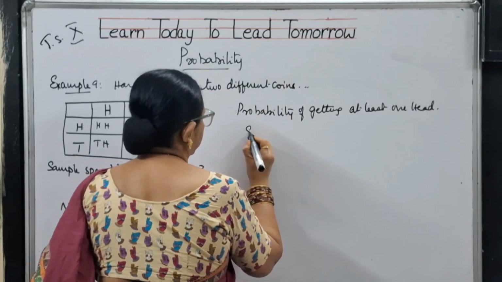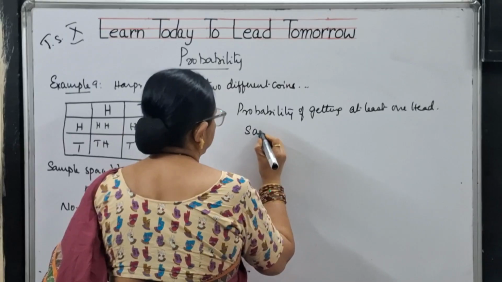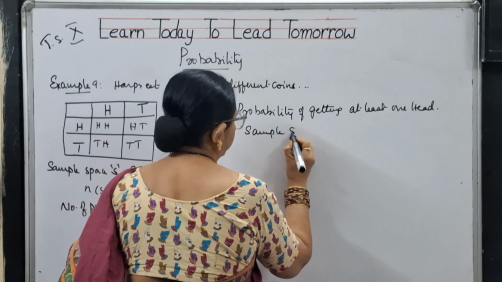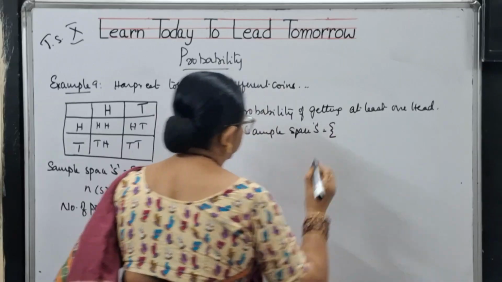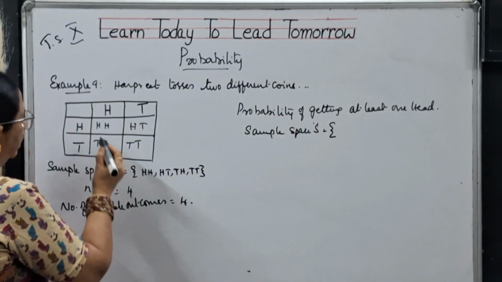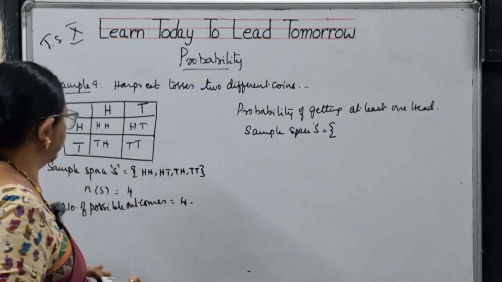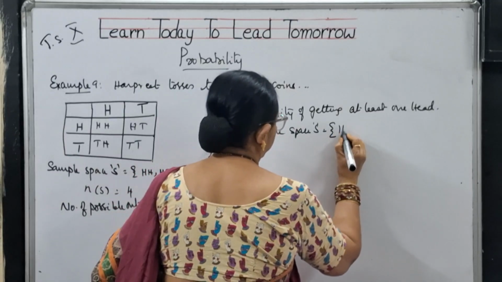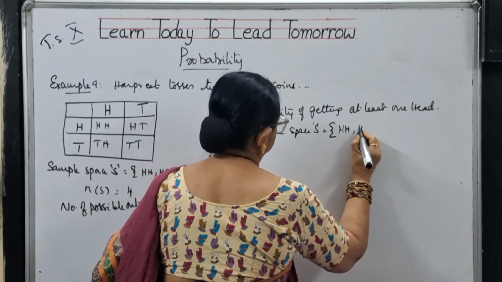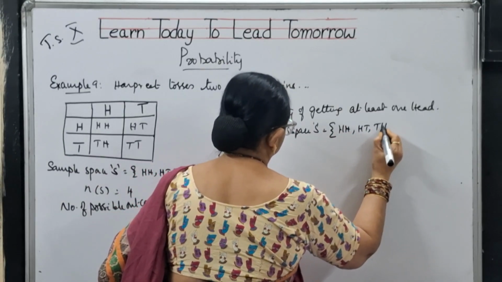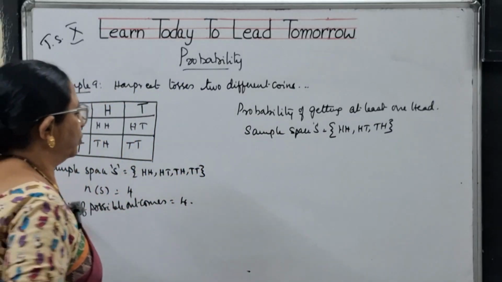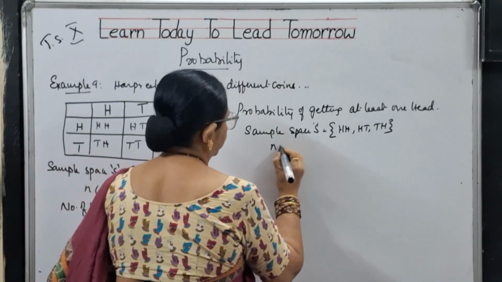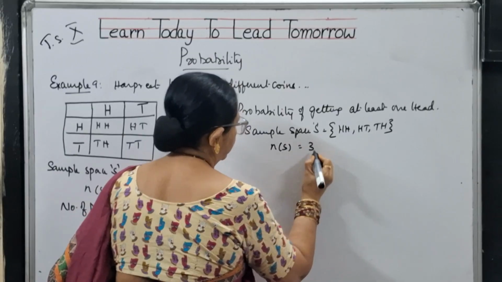So what is the sample space that we are getting here? Sample space S is equal to at least one head is there in all the 3. That is HH, HT, TH. In all the 3, a head is there. So n(S) is equal to 3.